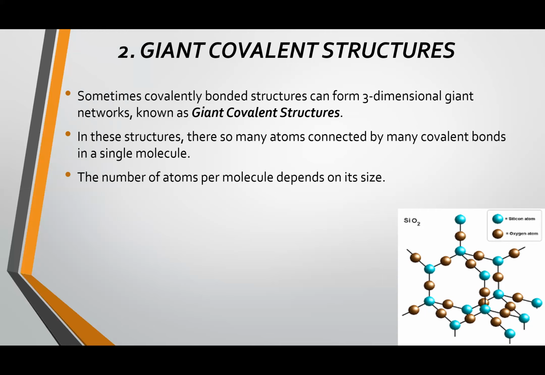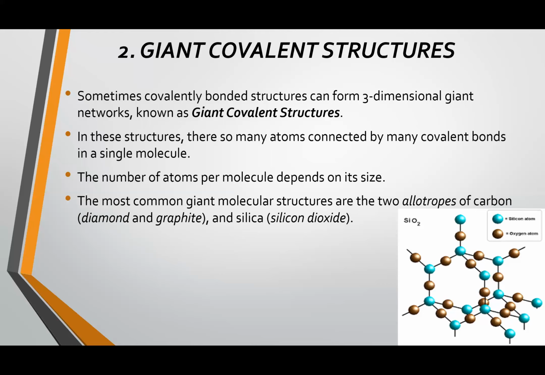Differently from simple molecules, where we said a simple molecule has exactly the same number of atoms as in the molecular formula, for these giant structures the number of atoms per molecule will always depend on the size of the molecule. If the size is big, you get so many atoms per molecule, and if the size is small, you get a small number of atoms per molecule.